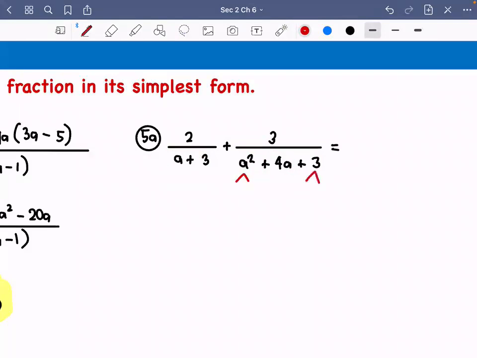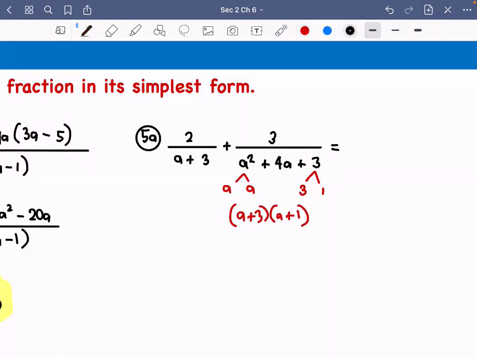So this is a, and then how about 3? This is 3 and 1. Again, factors of 3, sum of positive 4. So 3 times 1 will give me 3, and then 3 plus 1 will give me 4. That means that these are the correct factors. So the factors are a plus 3 and a plus 1.